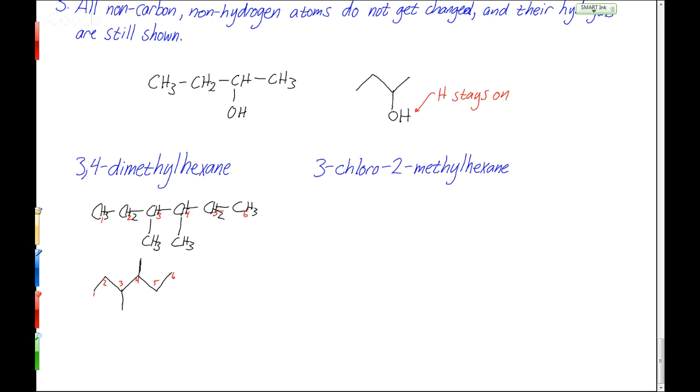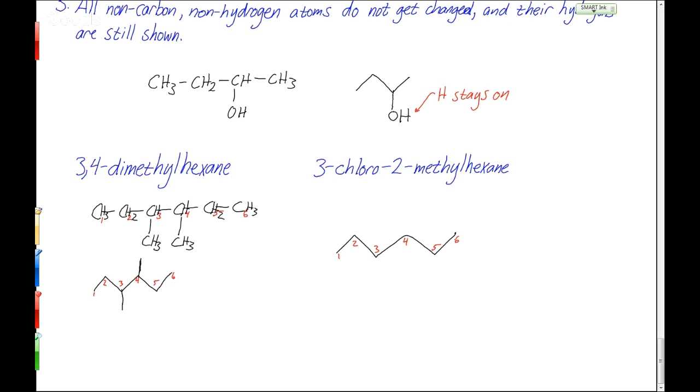All right, for the next one, let's see if we can do it just from drawing the line structure. So hexane tells us we've got a 6-carbon chain. 1, 2, 3, 4, 5, 6 carbons. We're going to check that again. Okay, got it. Got all 6. Didn't put 7 by accident. And now the name is telling us that we need a chloro on 3, which is chlorine, and a methyl on 2.